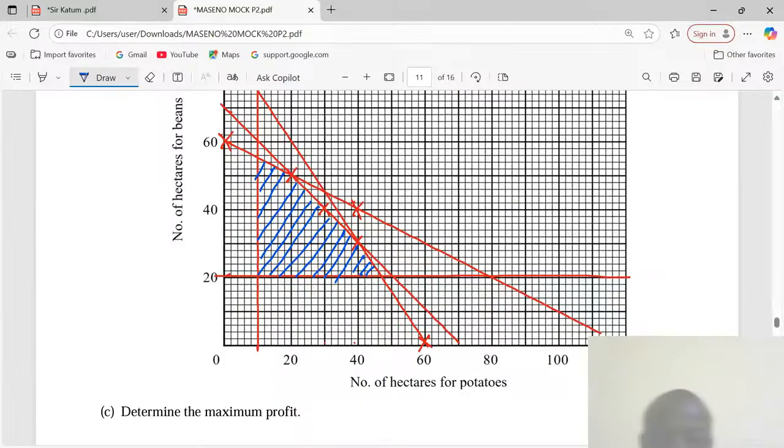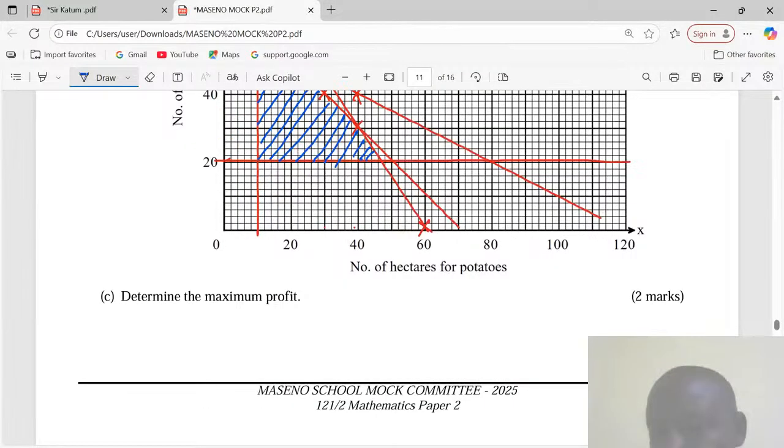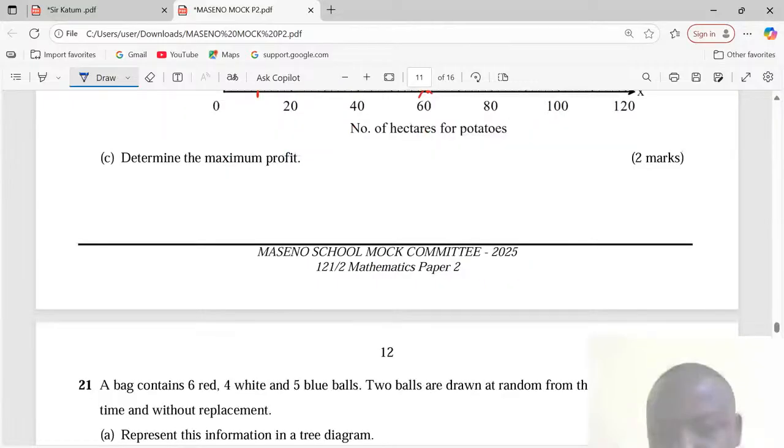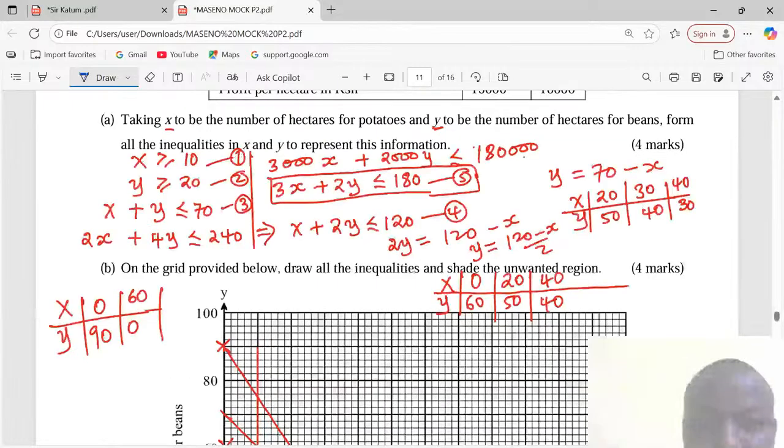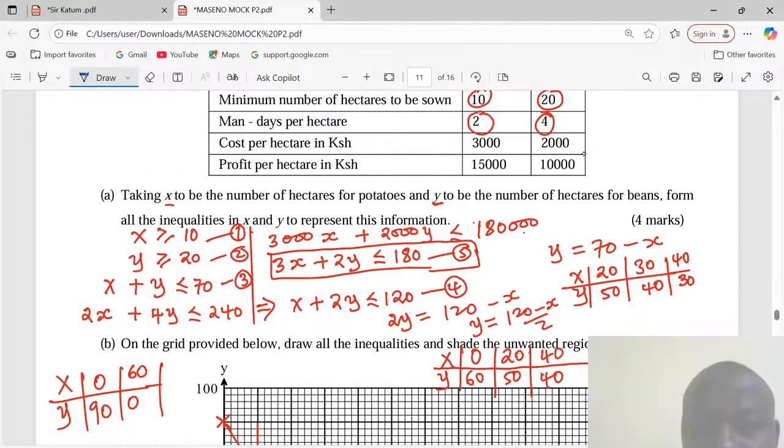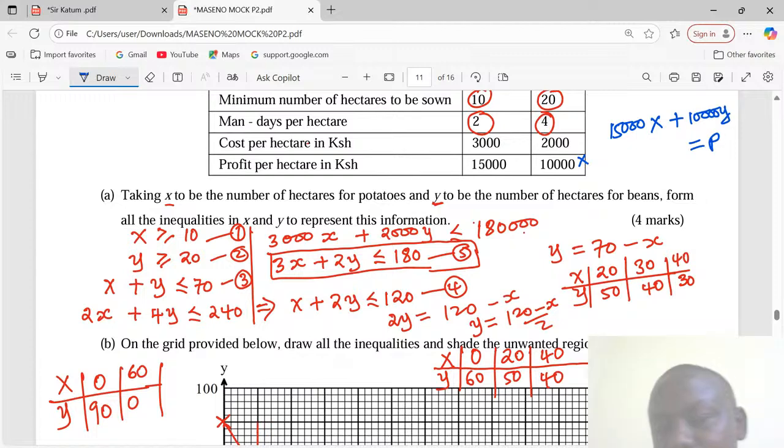Then we proceed now to determine the maximum profit. For us to determine the maximum profit, we should check the profit per acre. So we have 5,000 from X and 10,000 from Y to give us the maximum profit.